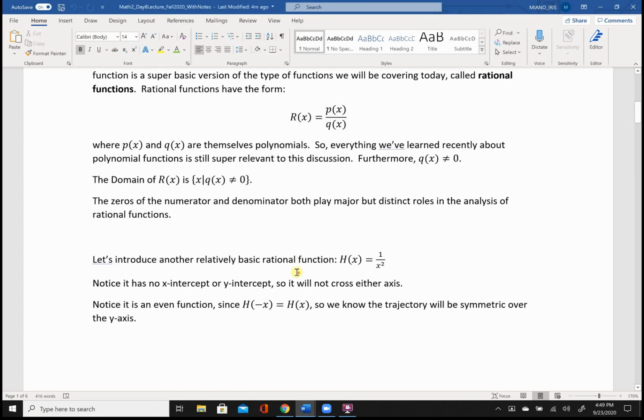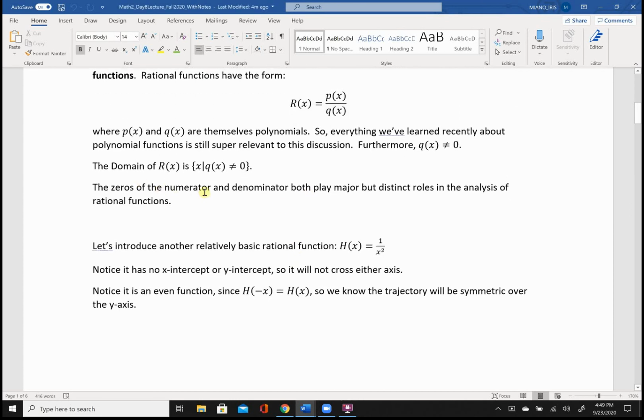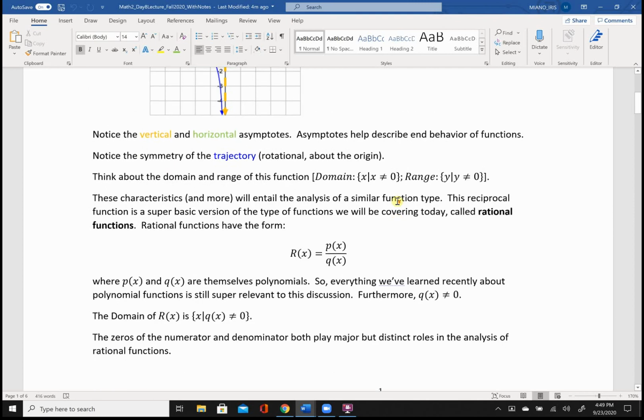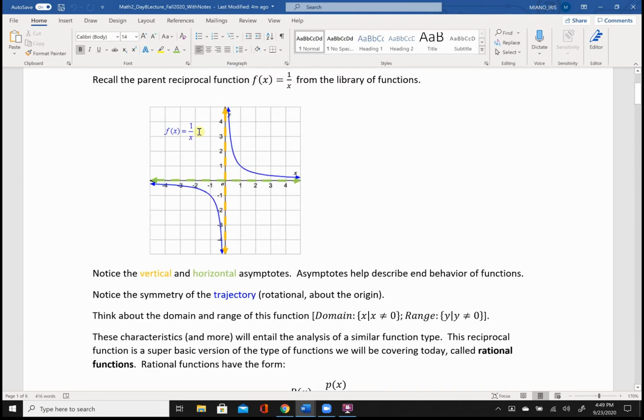Okay, but the zeros that occur for both the numerator and denominator polynomials are going to play distinct and major roles in the analysis of these rational functions. Okay, so that is probably the most basic rational function, the reciprocal.